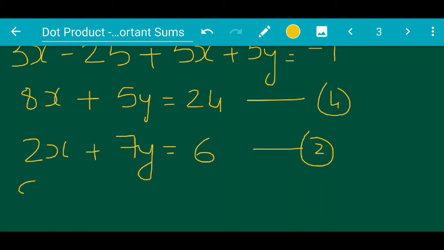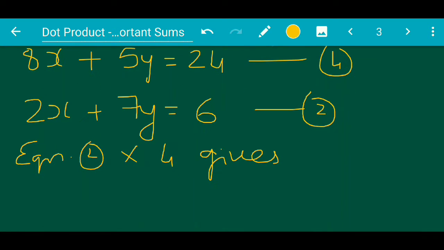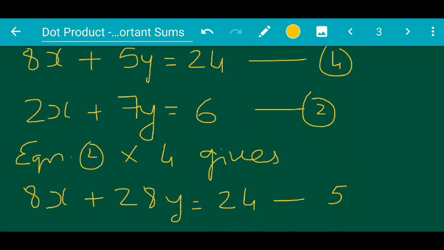So equation 2 into 4 gives us, the terms of equation 2 are multiplied by 4, and therefore we get 4 2s are 8x plus 7 4s are 28y is equal to 6 4s are 24. Okay. So suppose this becomes our equation 5.